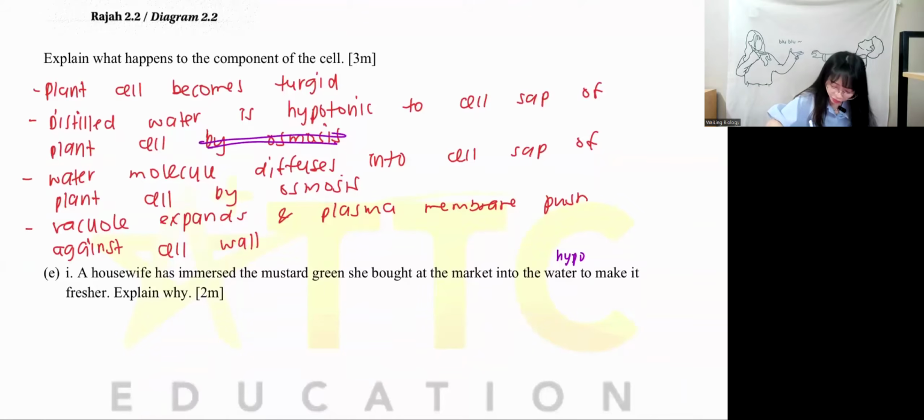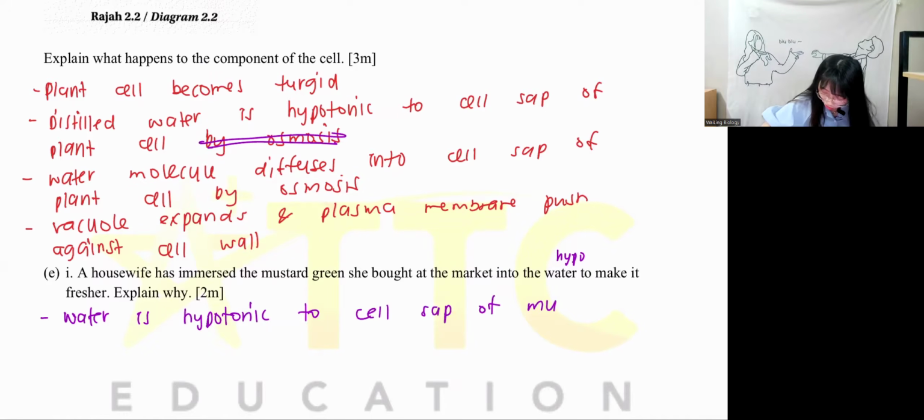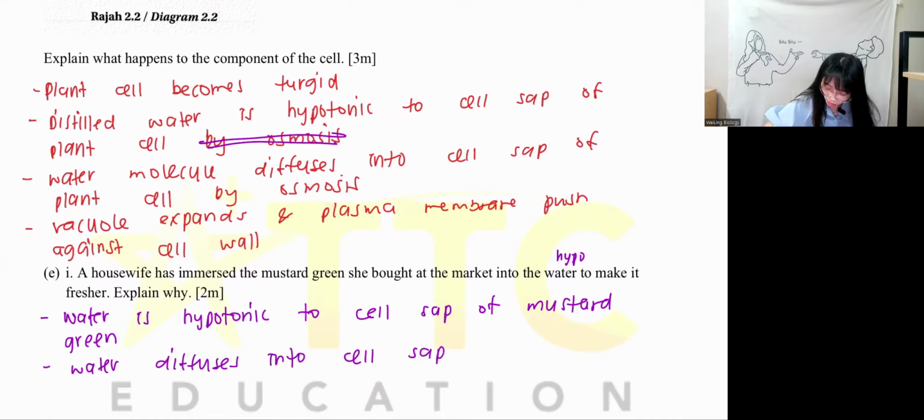You say water is hypotonic to the cell sap of the mustard green. Mustard green is just a vegetable, guys. Water diffuses into the cell sap of the mustard green by osmosis.